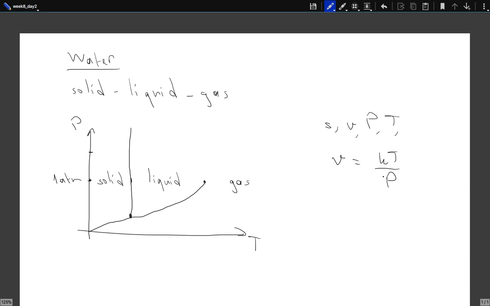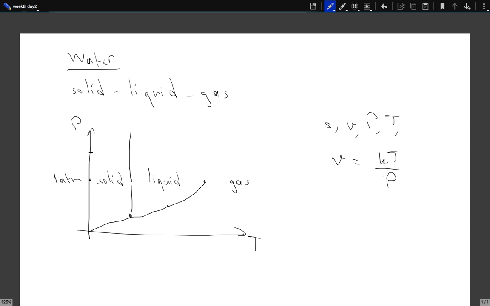If you increase the pressure to sufficiently large values, the volume per particle of a liquid will become the volume per particle of a gas. And you were talking about bonds. Well, since they are so close, they will be the same. There will be bonds also in the gas. So practically, there will be no difference between a liquid and a gas. In that case, we don't really call it a gas or a liquid.